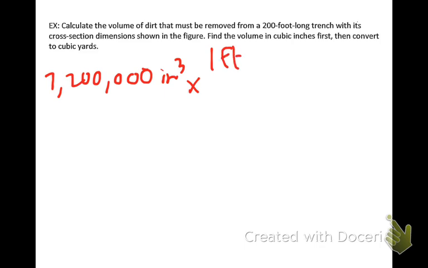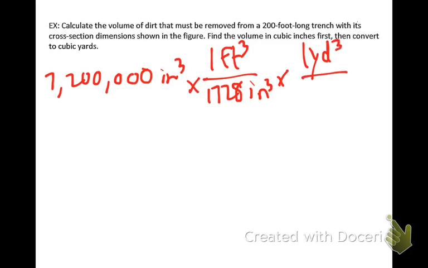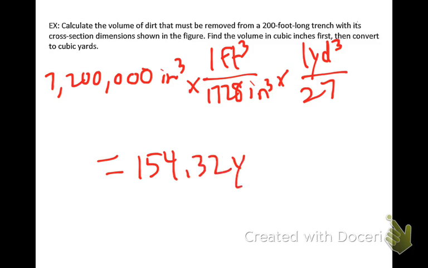So 1 foot cubed, how many inches are in 1 foot cubed? 1,728 inches cubed. Times, then we got to convert feet cubed to yards cubed. How many cubed feet in a cubed yard? 27. And I multiply all that out, and I'm going to get 154.32 yards cubed.